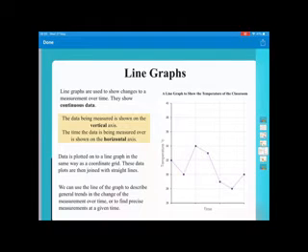Line graphs are a very clear and easy way of showing continuous data. So for example, with temperature, it doesn't go from one temperature like 28 degrees straight to 29. There are lots of degrees in between, so 28.1, 28.2, 28.3. So it is considered continuous data.